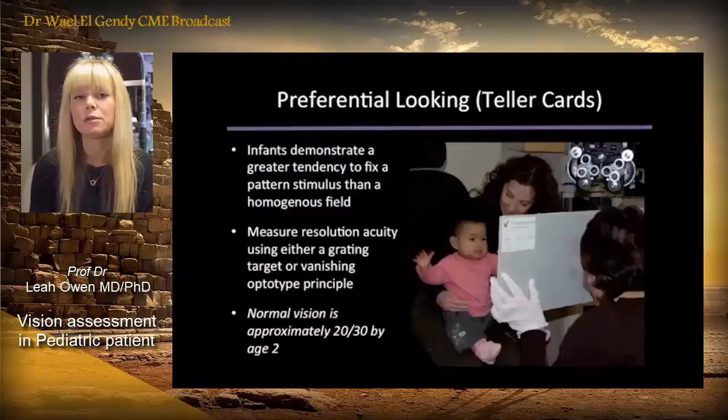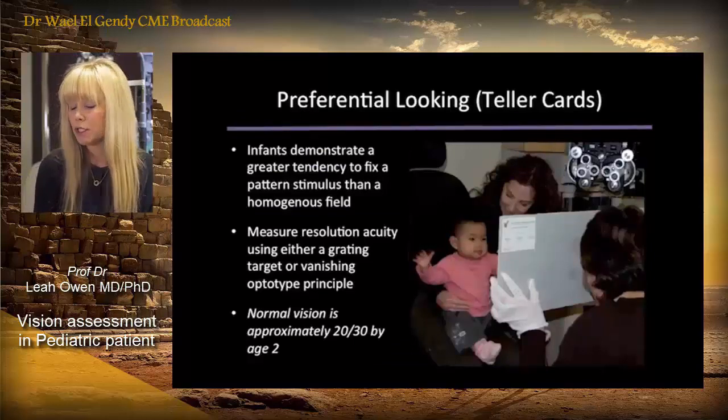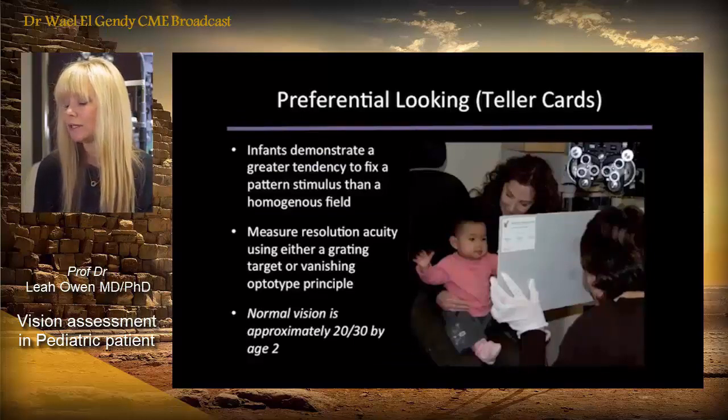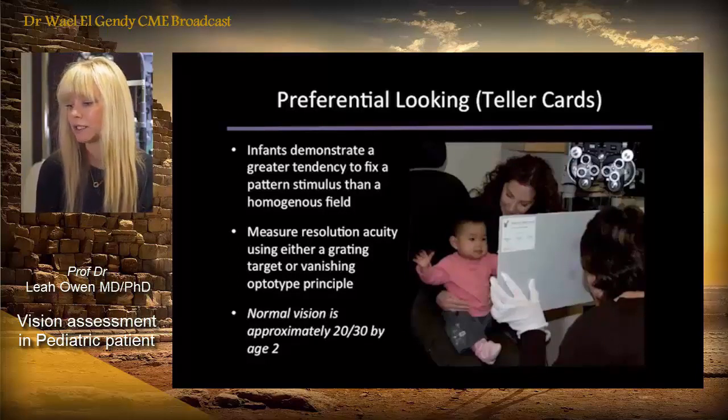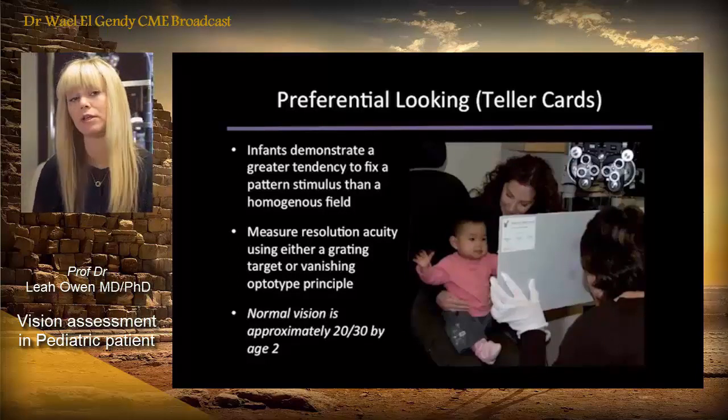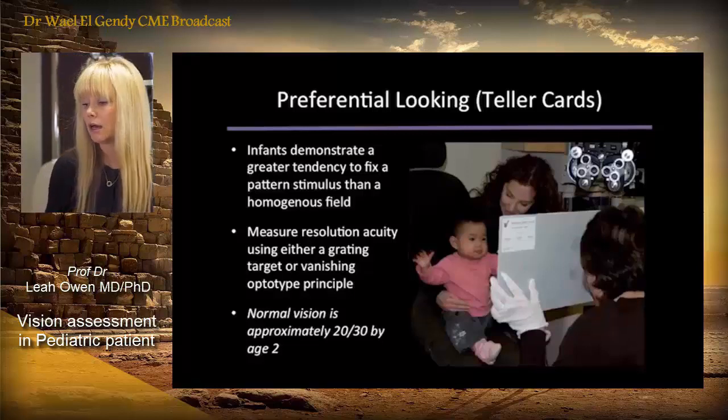We also can use the preferential looking test, as we mentioned earlier, and this is based on the principle that infants demonstrate a greater tendency to fix on a pattern stimulus rather than a homogeneous field.